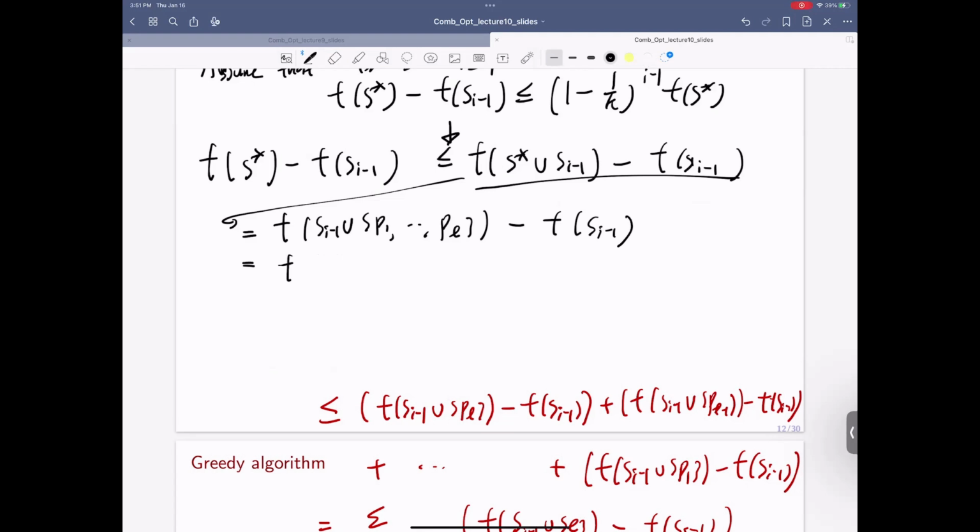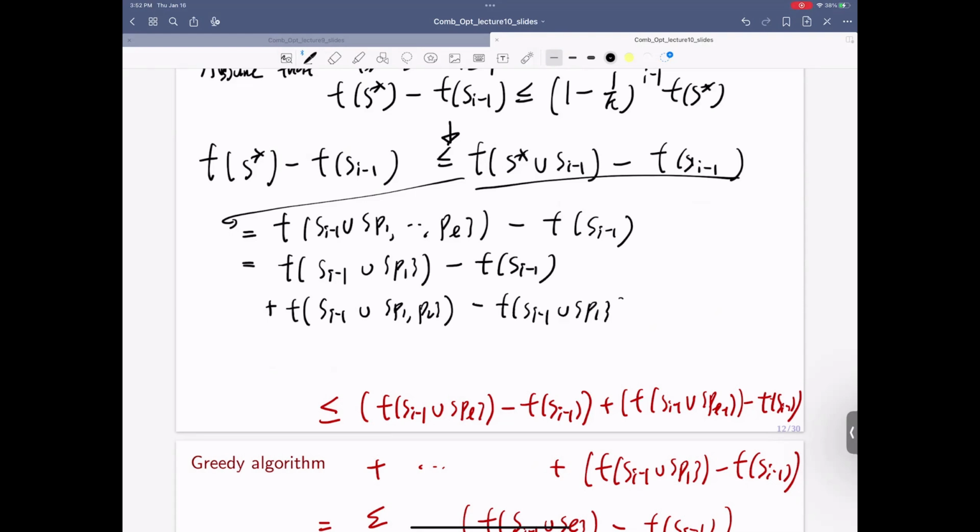This is f of S(i-1) union P1 minus f of S(i-1), plus f of S(i-1) union P1 P2 minus f of S(i-1) union P1. If you do this, you can cancel this term and this term.